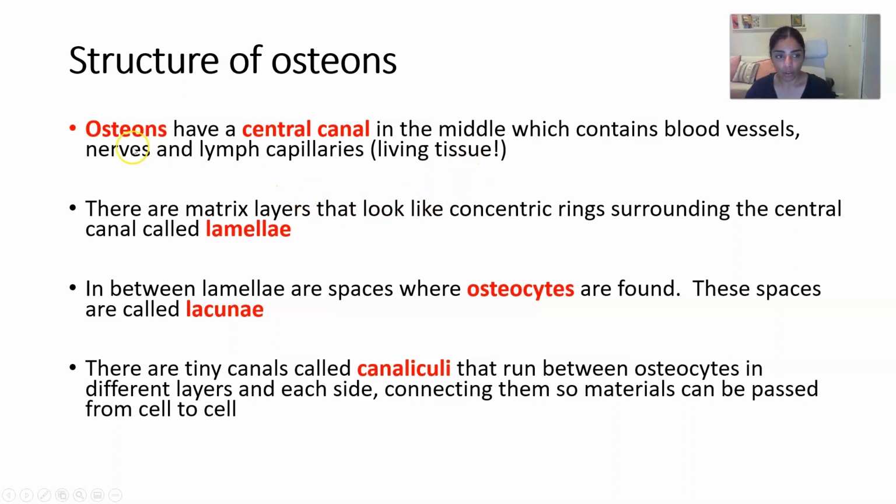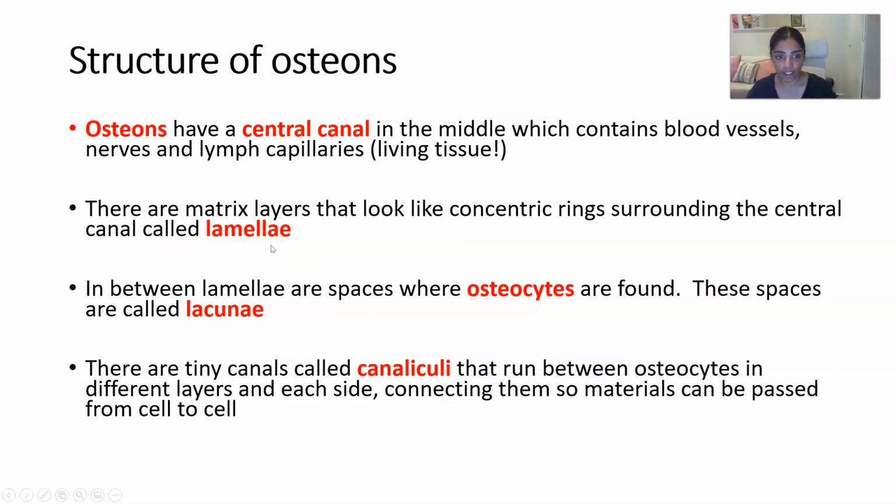Within that osteon, we have these concentric rings. So if you think about throwing a stone on water, you have those rings coming out. Those are called concentric rings. And in the case of an osteon, those concentric rings are referred to as lamellae, and those are the layers.